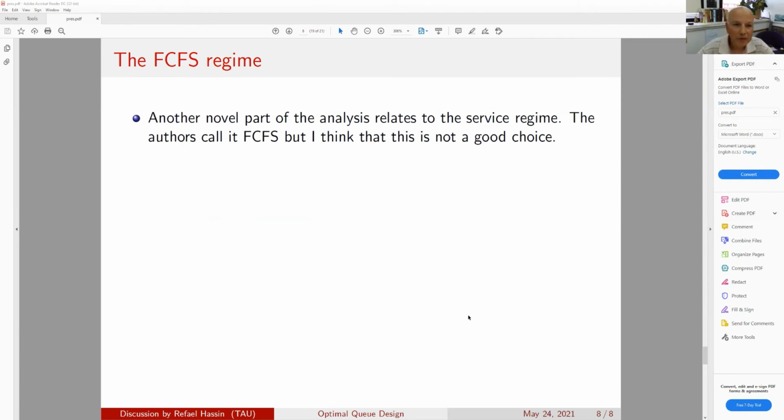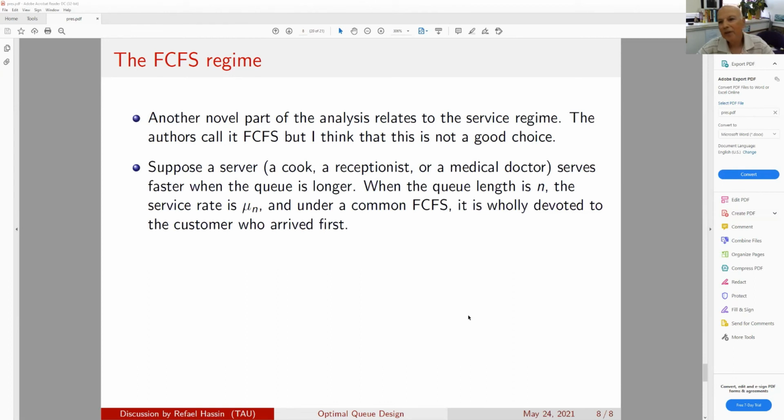Finally, about the first come, first served regime, I think the choice of the terminology is not good. Indeed, it generalizes first come, first served in very simple models, but not always, and it's quite different from what one may intuitively have in mind when we say first come, first served. For example, consider a server like a cook in a restaurant, a receptionist, or a medical doctor who serves the customers and sees the queue length.